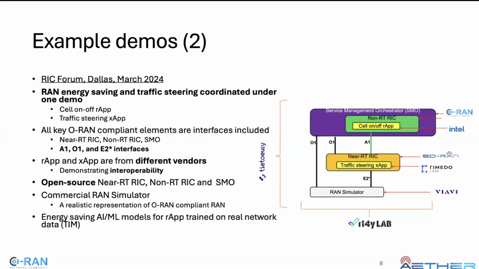Again, the open source components from the O-RAN Software Community, from the SD-RAN project. We replaced the simulator with a commercial grade simulator from Viavi. Everything happened in the I14Y lab, which is also an OTIC in Europe. And the novelty here was that we could demonstrate interoperability between RAP and XApp from different vendors.